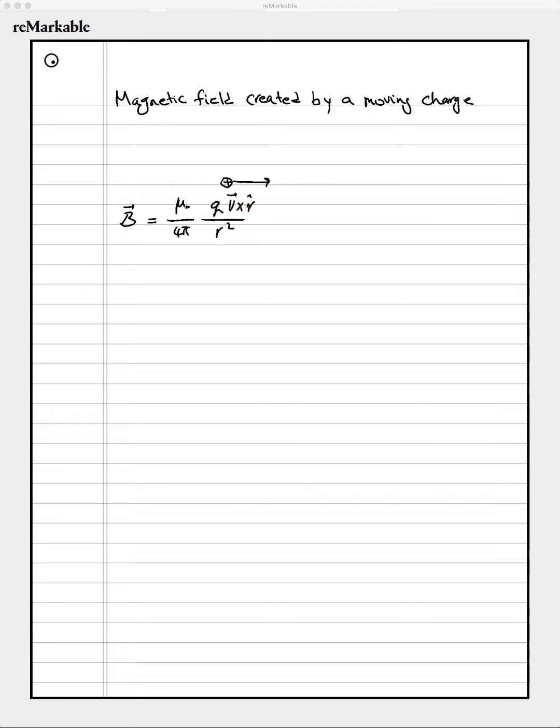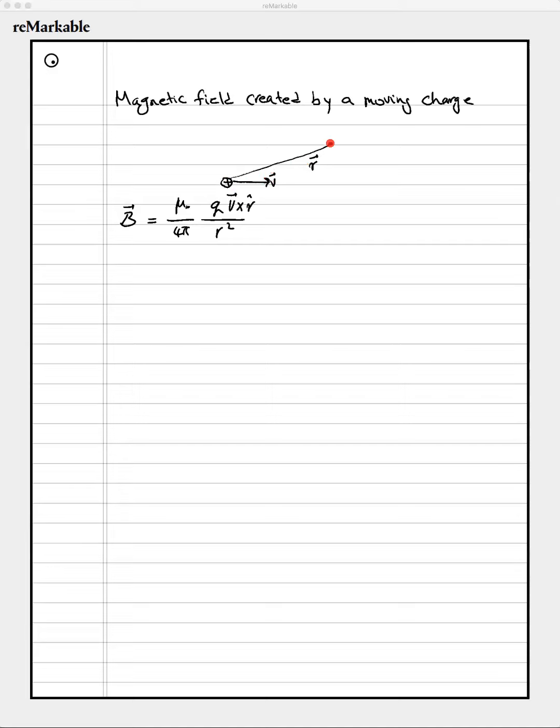Basically, if you have a moving charge like this one that I draw here, and you want to calculate the magnetic field right here at position R, this is the velocity, how fast it's moving in the direction of motion.